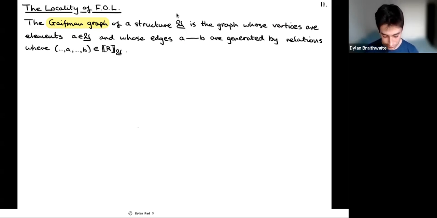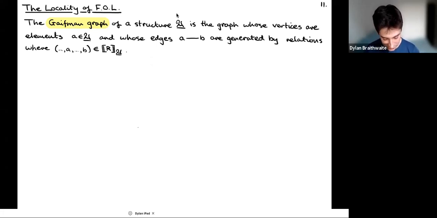But if we have a linear order, then this just looks like a graph with lots of lines. If it was a partial order, maybe we get something that's a bit more tree-like. But it gives a good notion of a graph that looks a bit like the underlying structure.